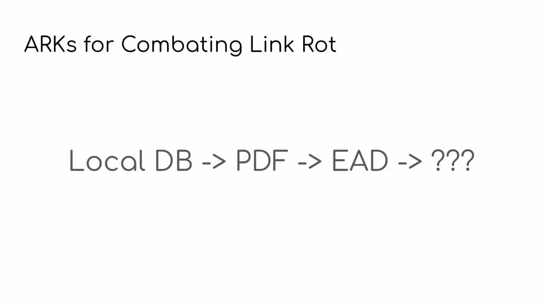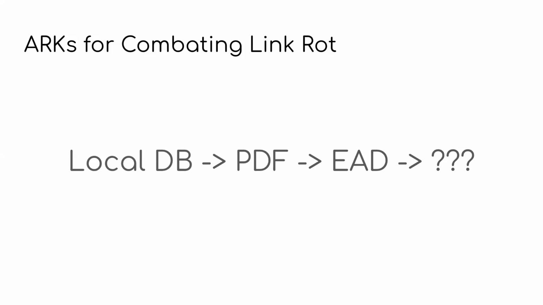And then you move to a PDF, which has a different URL than the original finding aid. And then you move to an EAD, which has yet another URL. And then maybe you use the ArchivesSpace public user interface or some other interface for providing online access to your finding aids. Well, each time you change systems, more often than not, that creates a new URL.